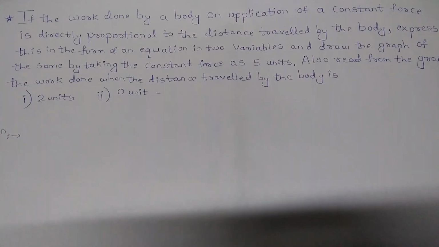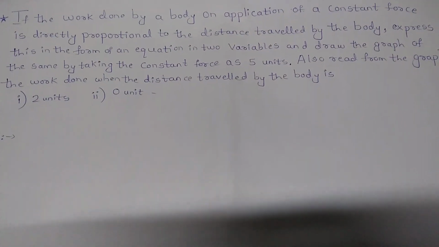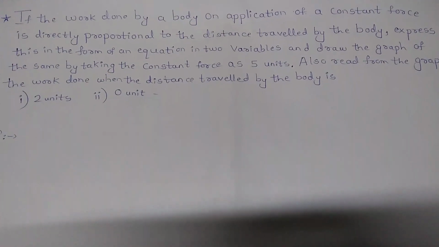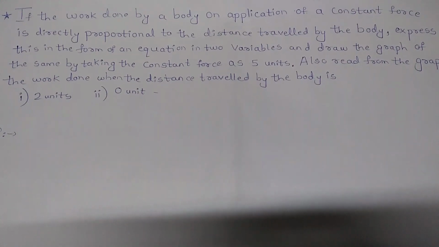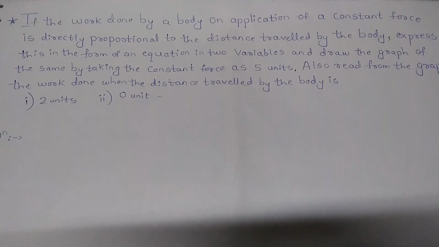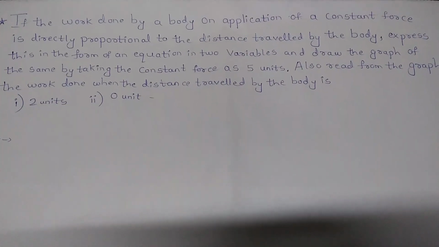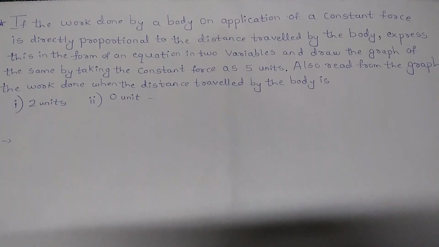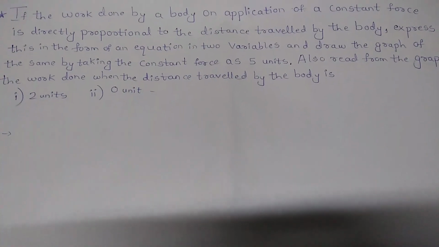So firstly we will be solving the first half of the problem, that is, we will be writing the linear equation in two variables for the given data. So observe, the work done by the body on application of a constant force is directly proportional to the distance traveled by the body, right?